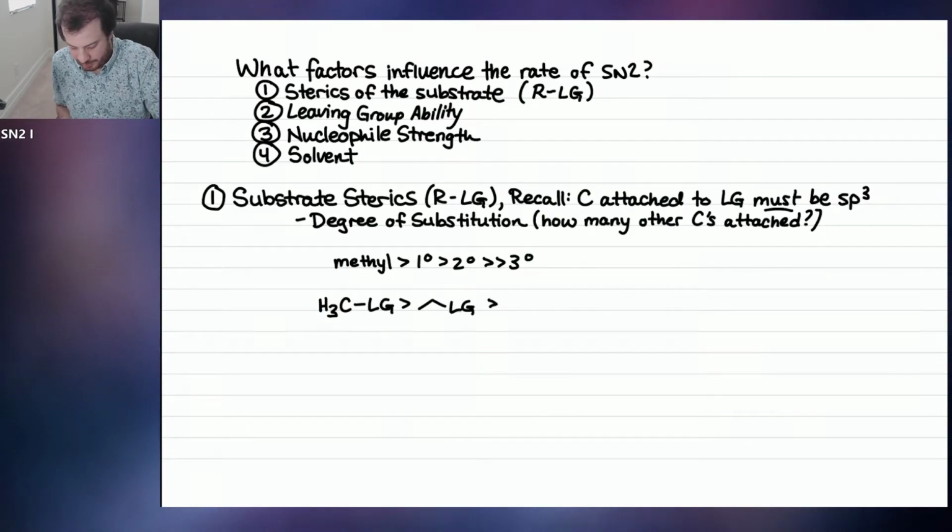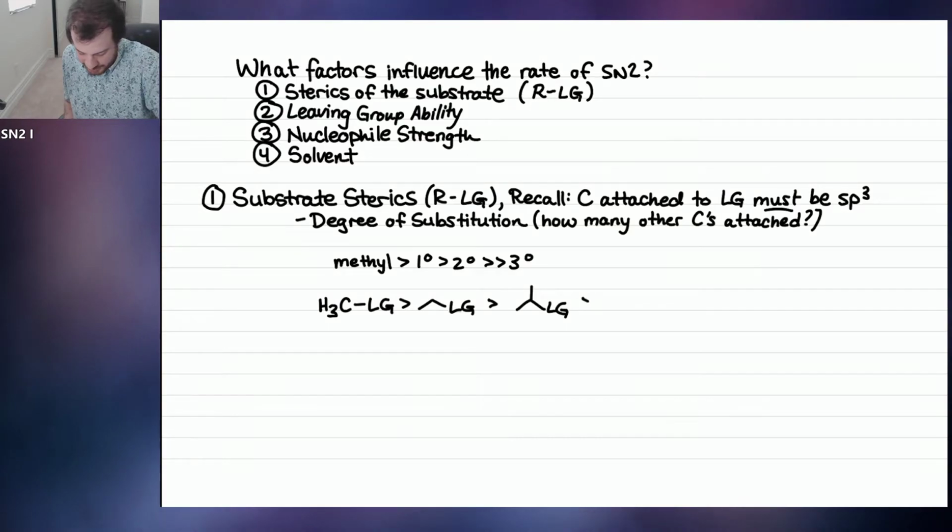Here's another example, moving forward into secondary. So that would look like this. Now attached to the carbon that's attached to the leaving group, there are two carbons. So that is a secondary substrate.